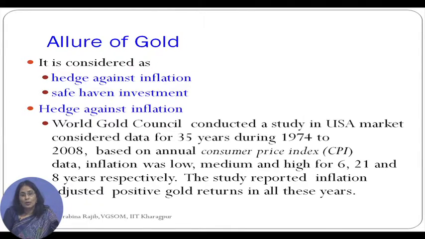They found that out of these 35 years, 6 years were termed low inflation years, 21 years medium, and 8 years were high inflation. And in all these 3 different categories of inflation period, the CPI adjusted gold return remained positive.